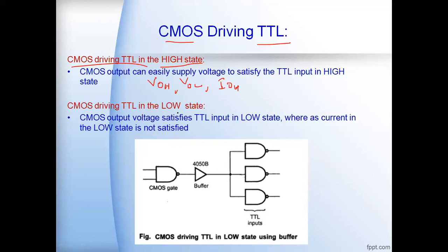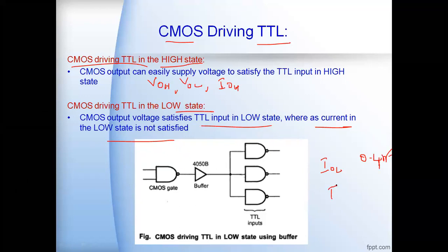CMOS driving the TTL in the low state. So the CMOS output voltages satisfy the TTL input in low state, because we have already seen. But the current in the low state is not satisfied here. In the low state, the current is 0.4 milliampere.